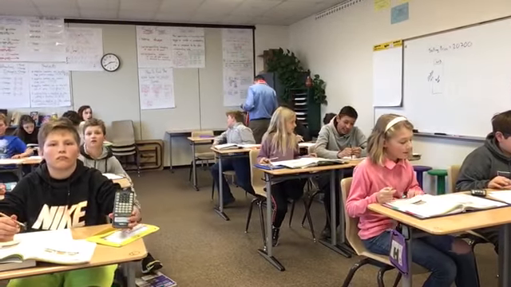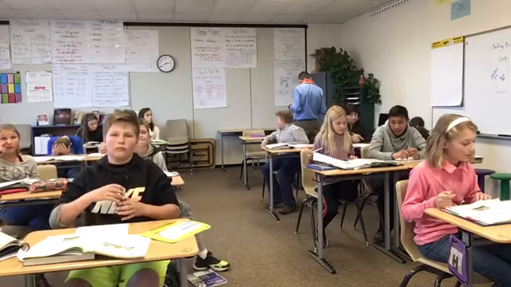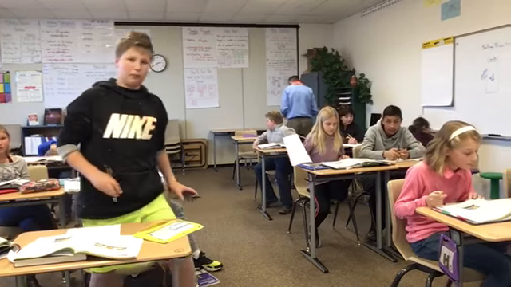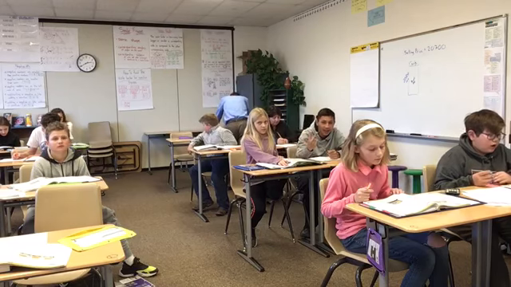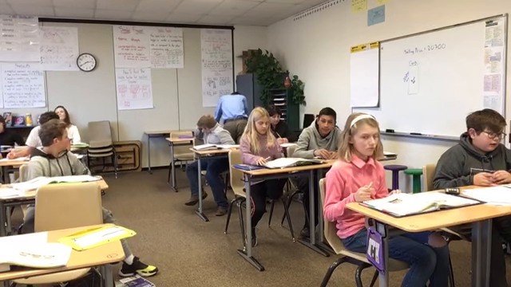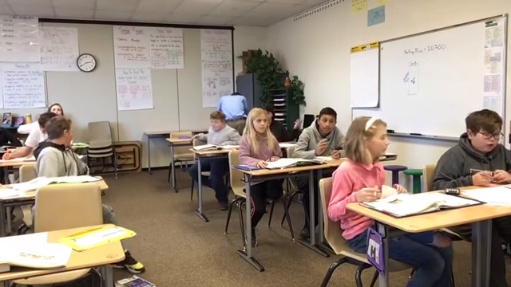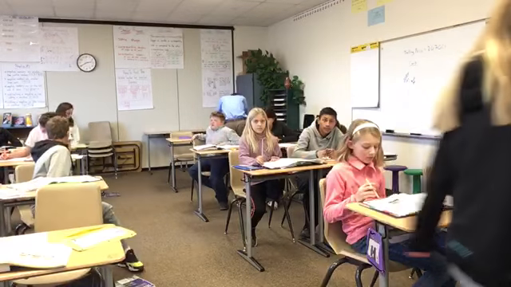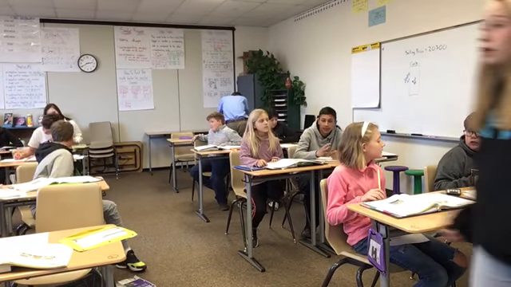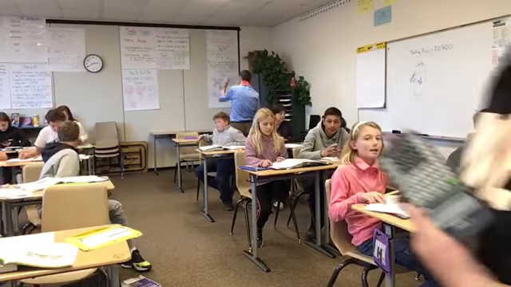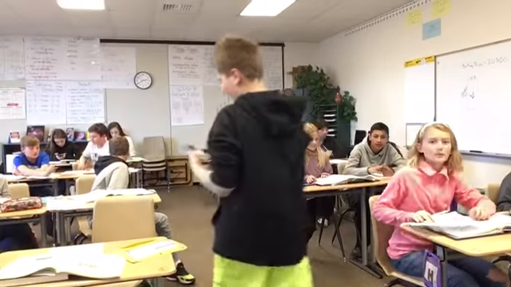I got a question about the unit rate, like for the table. For the proportion, it's the numerator divided by the denominator that gives you your unit rate. So it could be miles per hour, right?